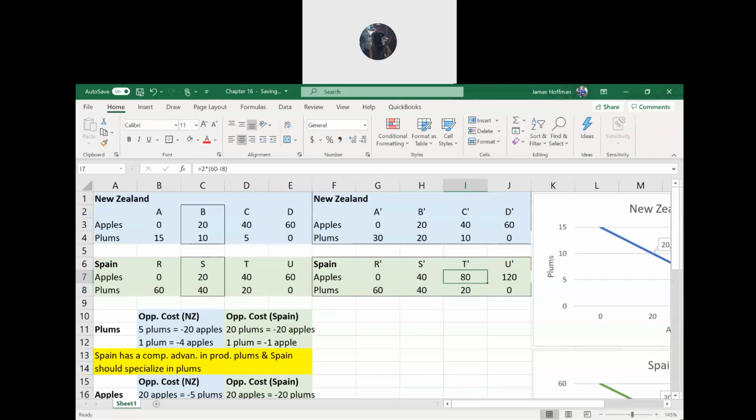All right. And here we kept 20 plums for Spain. They traded the other 40, and 40 gives us the 2-1. 2 times 40 is 80. And here they traded away all the plums at 2-1, so that gives us 60 times 2, which is 120. Right.